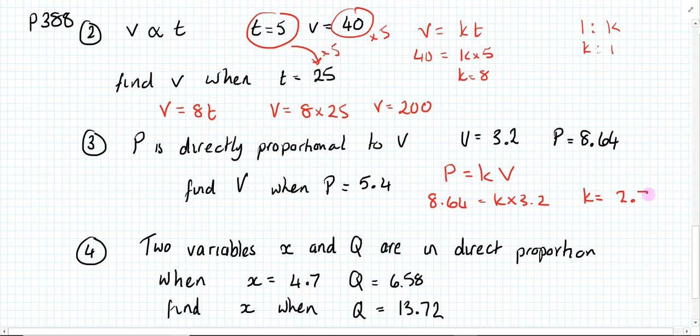Yeah, K is 2.7. Okay, good. Right, so now because P is 2.7V, if I use that over here, I've got 5.4 equals 2.7 times V, so then you happen to get V is 2. A nice easy answer.